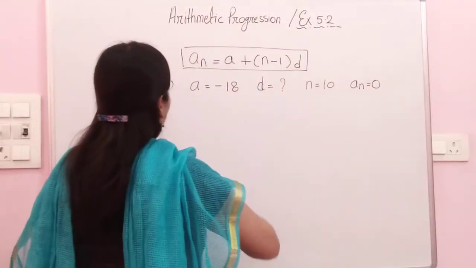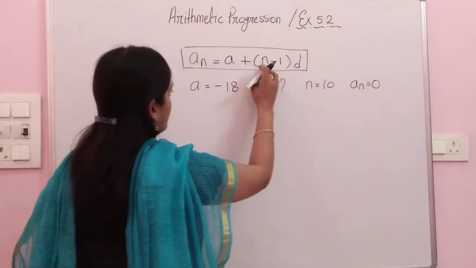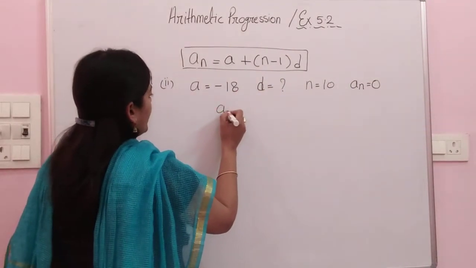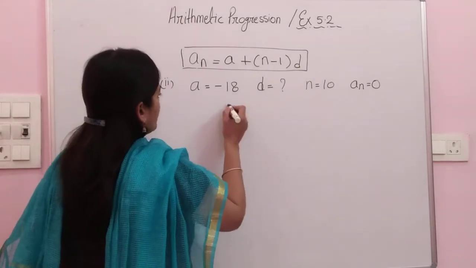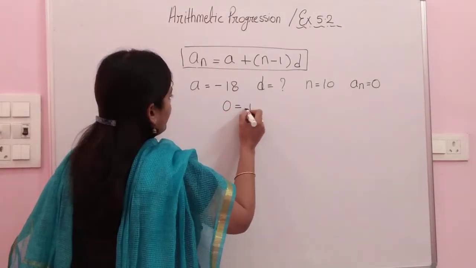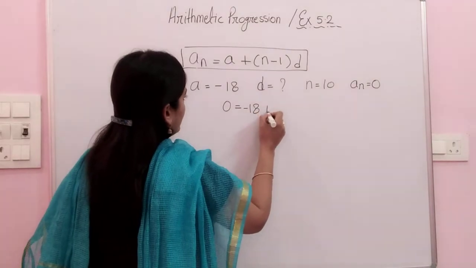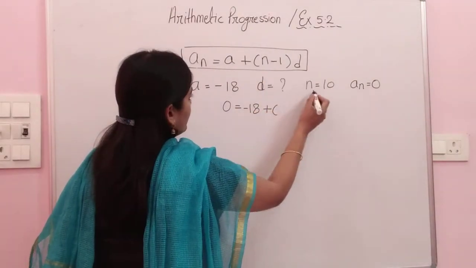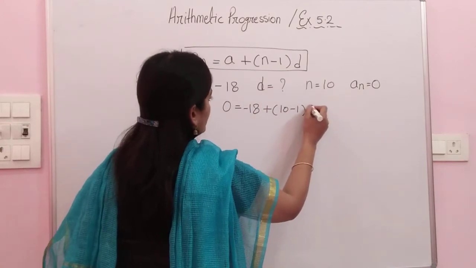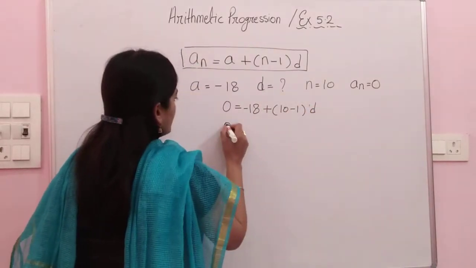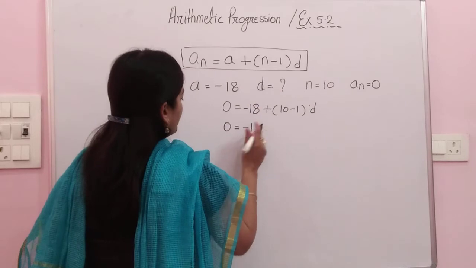How will you find it? Again, put these values into the formula. The value of AN is equal to 0, the value of A is equal to minus 18, plus N, 10 minus 1, D, which you don't know. So 0 is equal to minus 18 plus 9D.